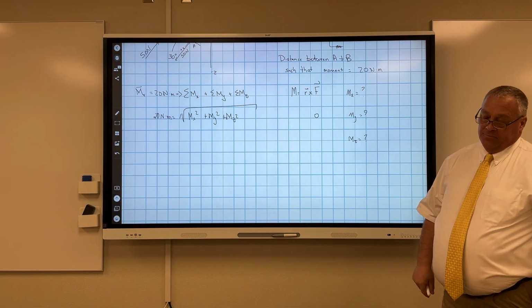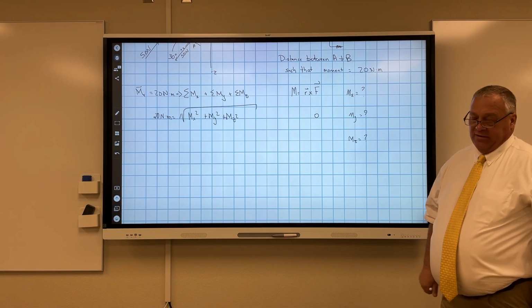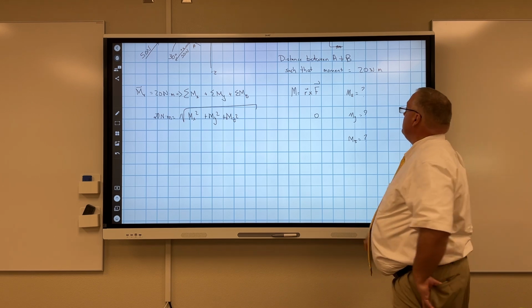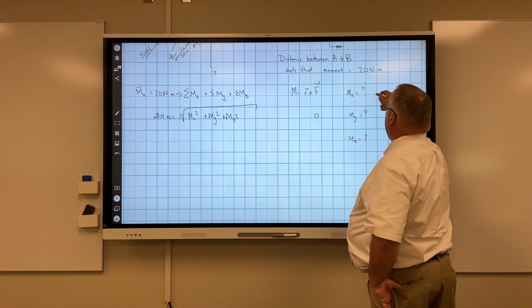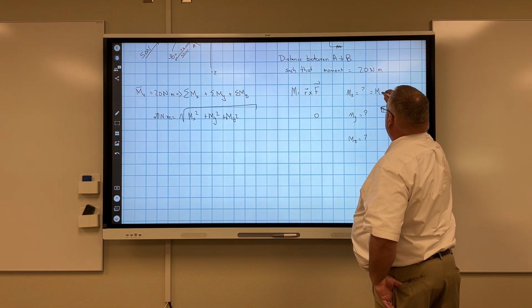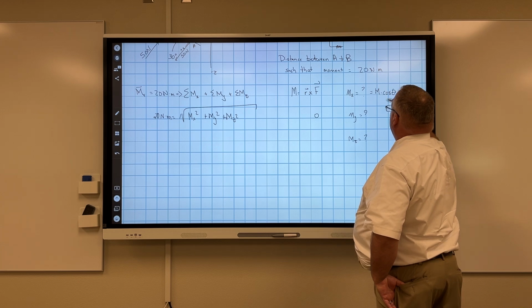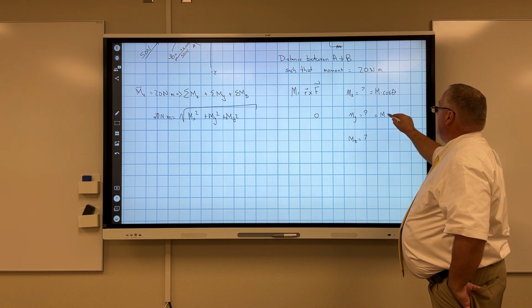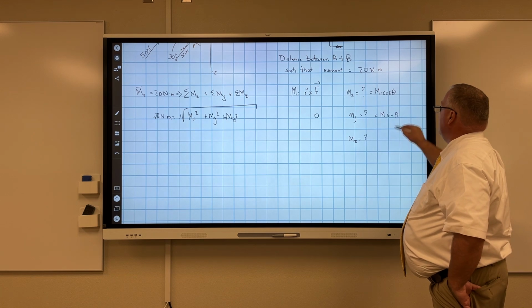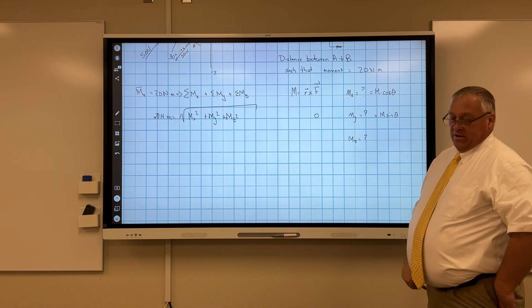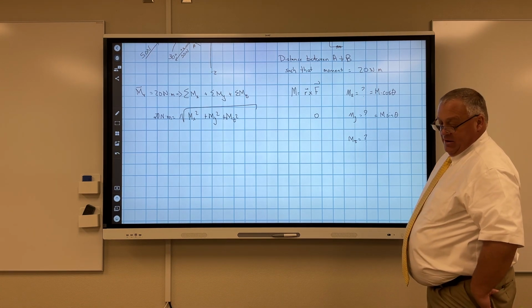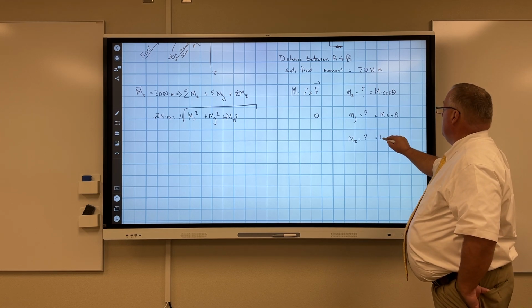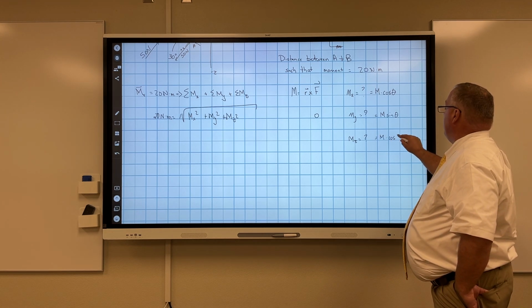Now we know some relationships. We're looking at an x component, we're going to look at M times the cosine of some angle. If we're looking for a y, that's going to be M times the sine of some angle. And for z, we're also going to be looking at M times the cosine of our angle.